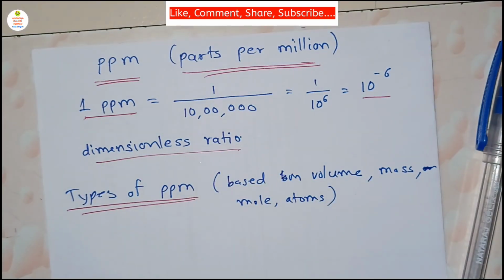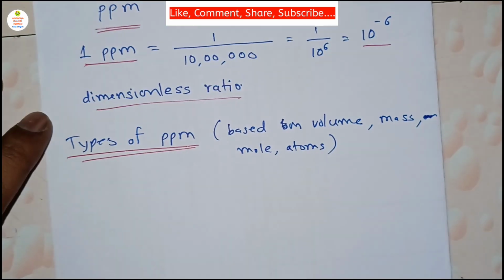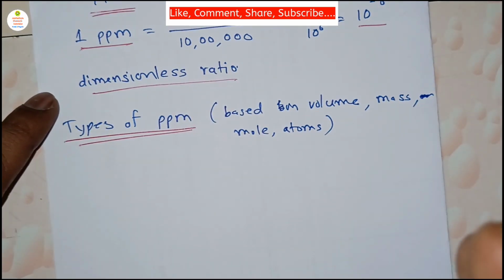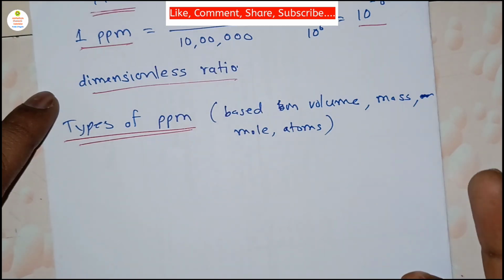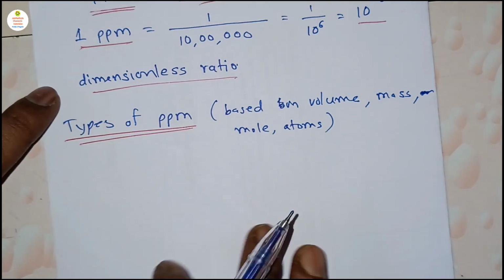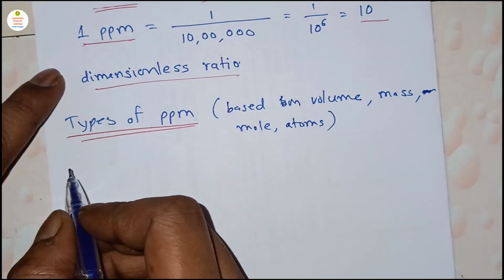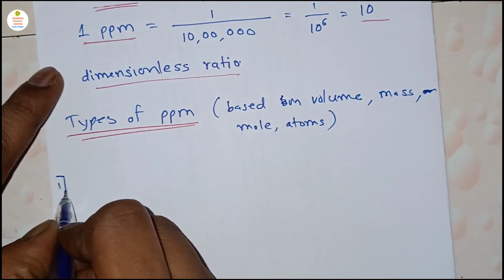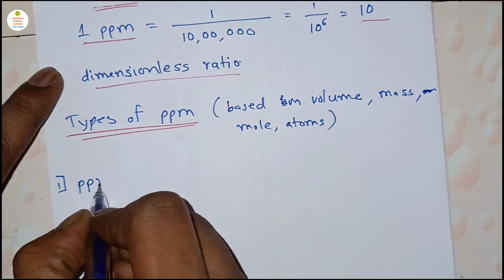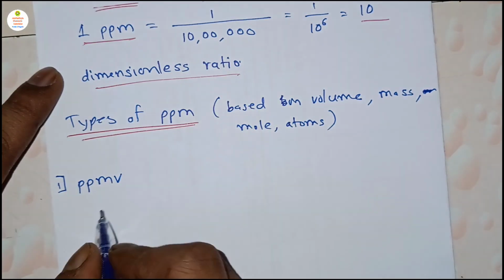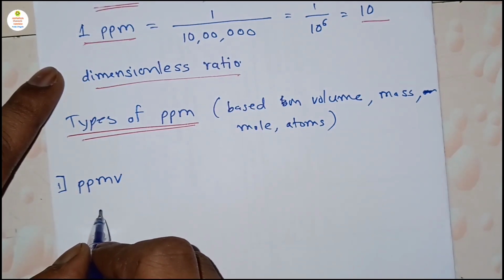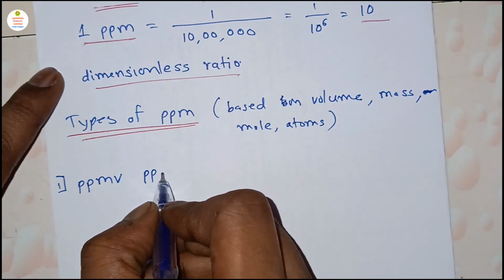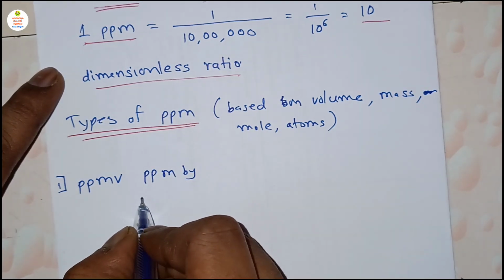There are 3 types of ppm. Of these, 2 are most important and the third one is rarely used. First is ppmv, which is parts per million by volume.